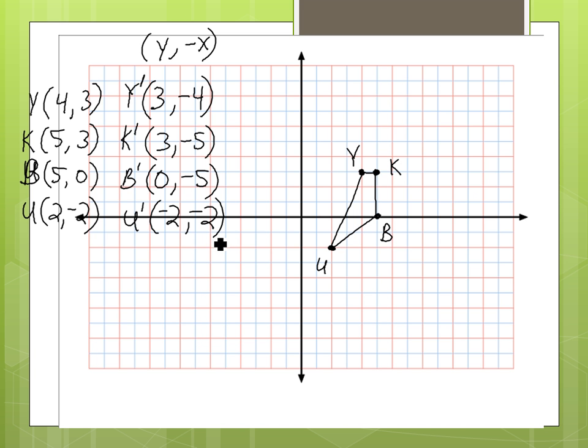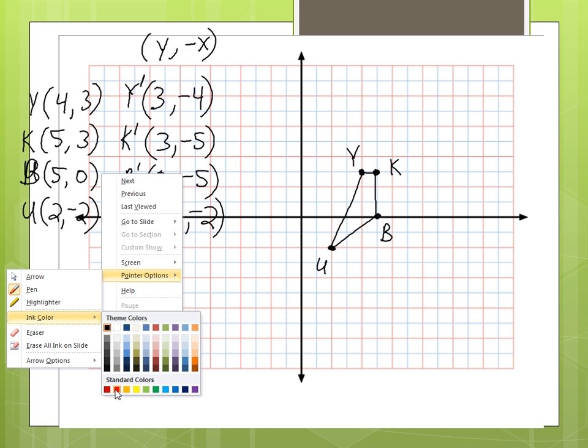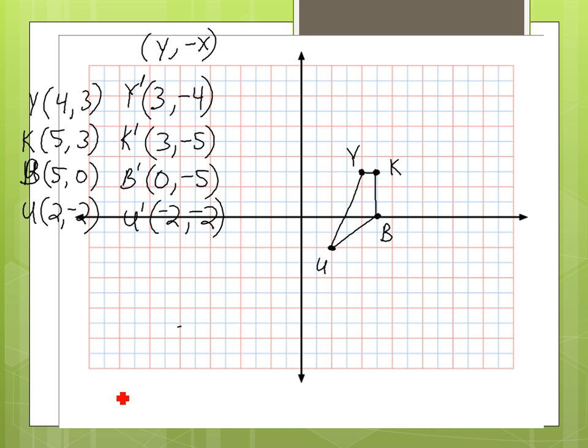So let's see here, let's change our color. I should have changed it before I started that. Let's go to red. 3, -4. That's Y prime. 3, -5. That's K prime. 0, -5. That is B prime.